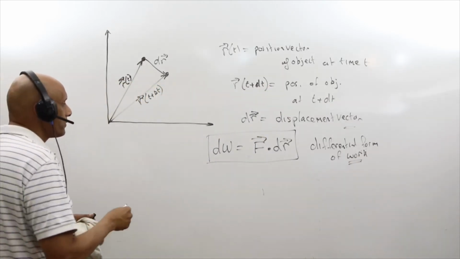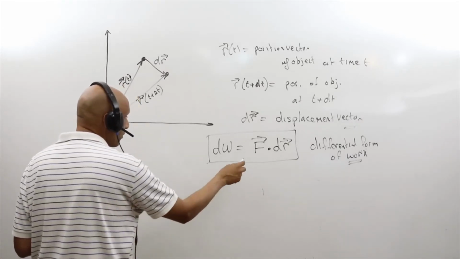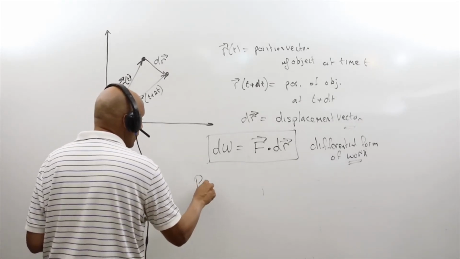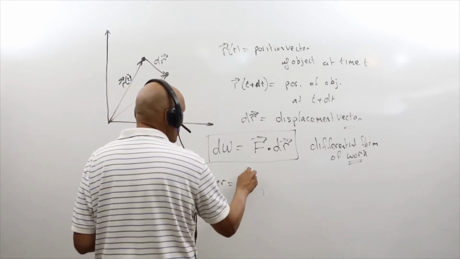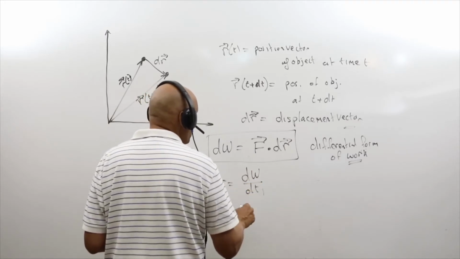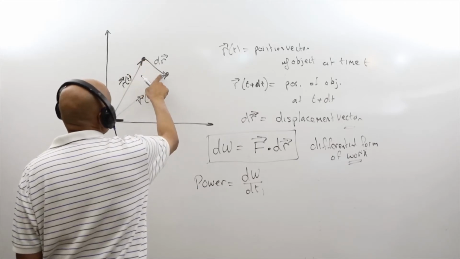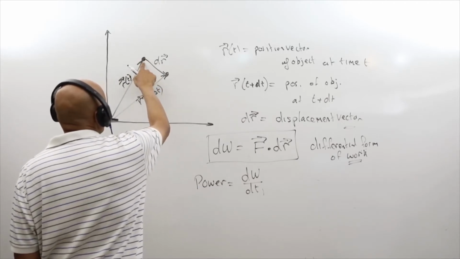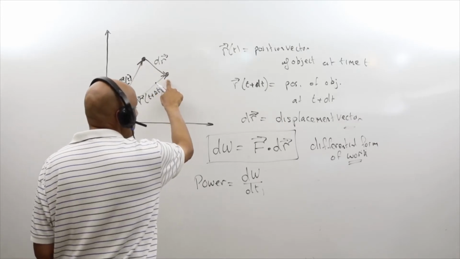We can also define power, for example. The instantaneous power is the amount of work done in a small interval of time. So this is the work done by the force to cause this object to travel from a point at t to another point at t plus dt.